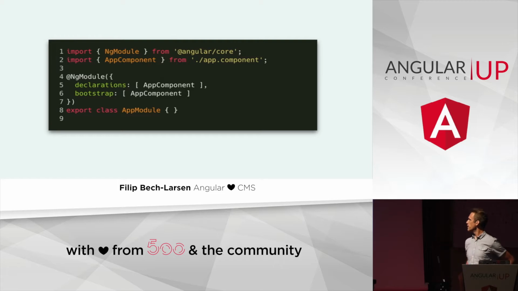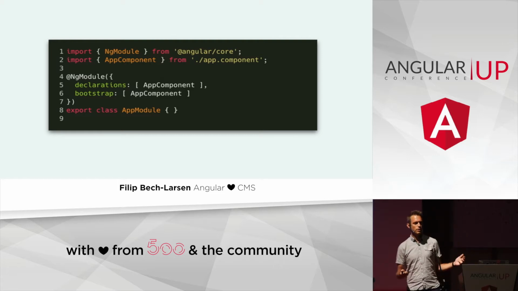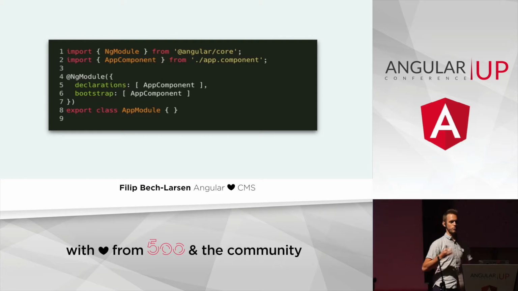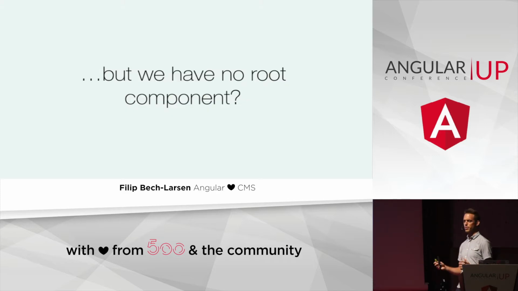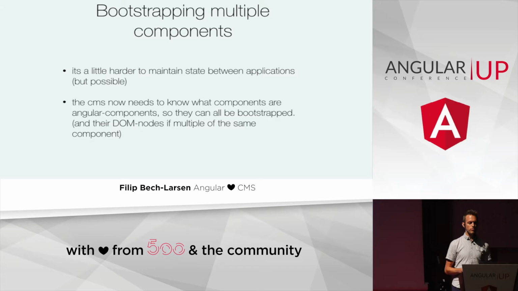So we do our ngModule and we declare what component to bootstrap. But the problem is that there's not really one component to bootstrap when everything's bootstrapping from a CMS. We don't really have a root component. We have a basket component and a gallery component and stuff. So we really need to bootstrap multiple components.